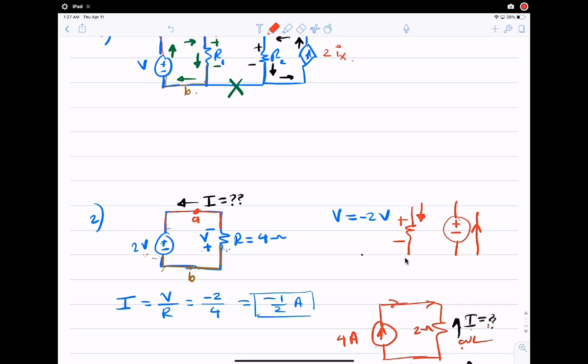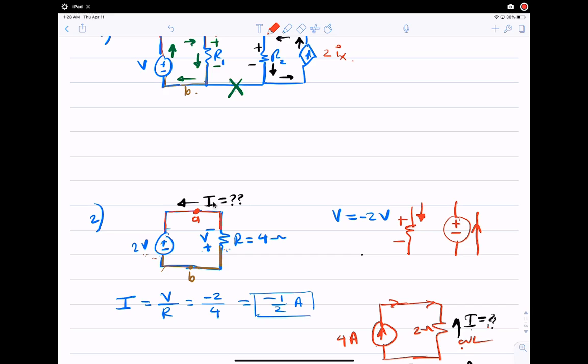Why? Always, in most cases, I would say, the source is supplying power. So that means the current would go from a negative to a positive. Okay? In all cases, the resistor should absorb power. So it moves from a high to a low potential. Okay?